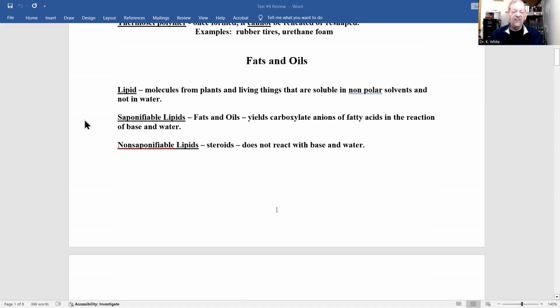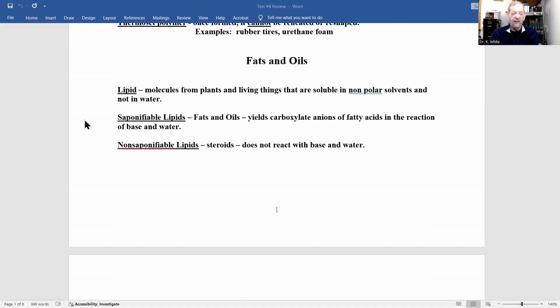All right, next I'd like to talk about fats and oils, and there are a few definitions you should know. Now, a lipid are molecules that come from plants and other living things like us that are soluble in nonpolar solvents, but not in water.